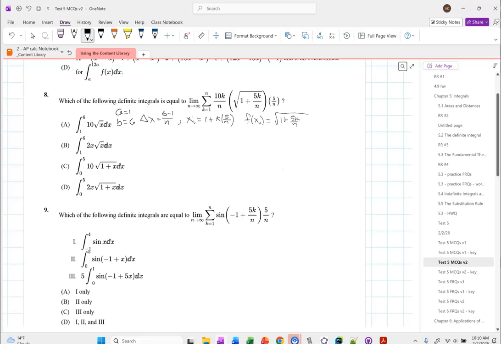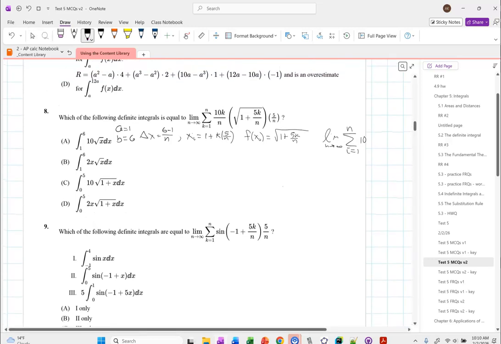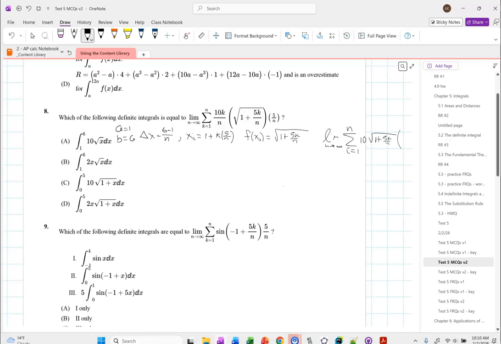So I could just kind of do this one at a time. It's like, okay, if I assemble this then, like this integral would give me this Riemann sum.